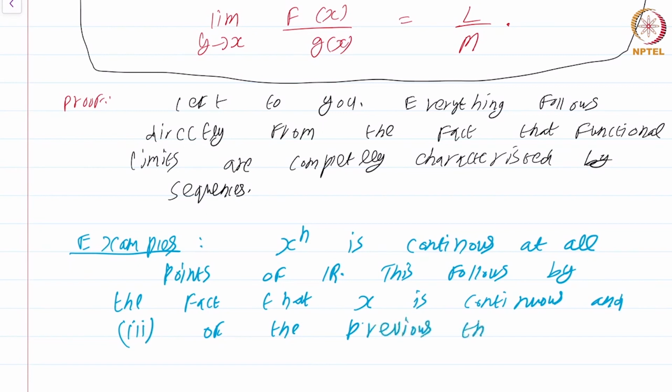We have already shown that the function x is continuous. Now we have to show that x to the n is continuous. The previous theorem will do the job for us.